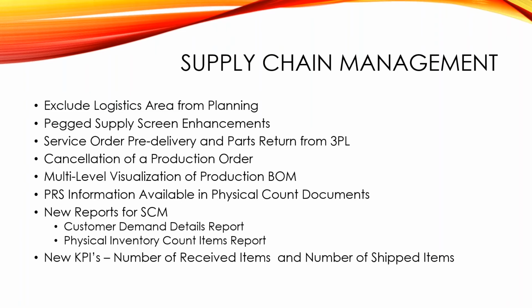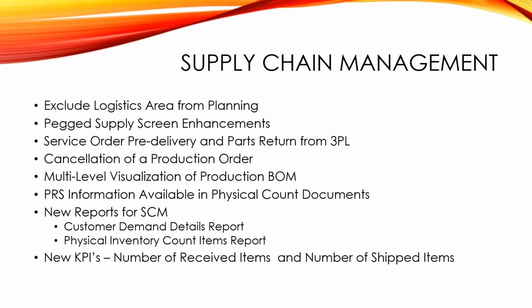We got a couple new reports too. We've got a customer demand details report, and you can probably think about how useful this could be, just to be able to have an overall visual of what your overall customer demand is, and what the detail level is from an availability or a confirmation date standpoint.